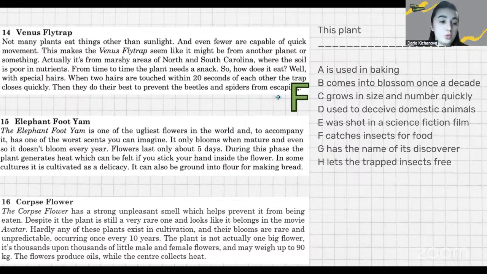Okay, what about 15? Elephant foot yam. Let's check what we have here.